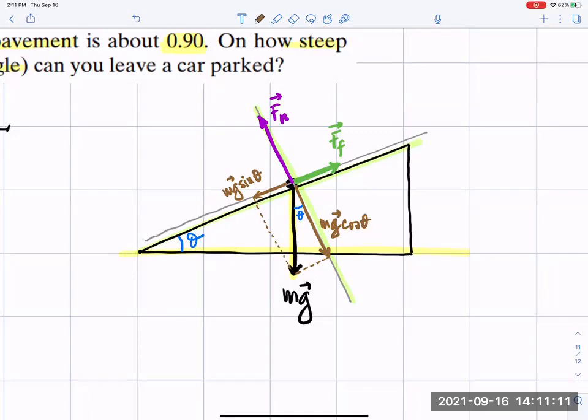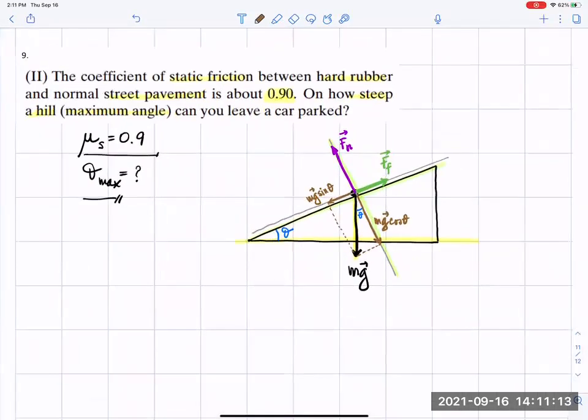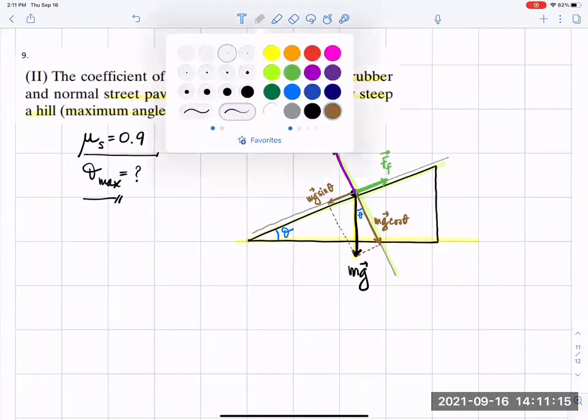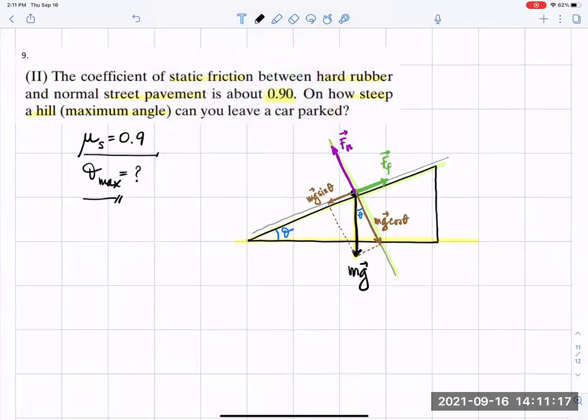Okay, so let's look at how we set up the equations. Now we have what we're looking for. As I mentioned, the friction force is opposite to the direction of movement, which would actually be downhill. So what is Newton's second law telling you? Remember what kind of equilibrium you have here. The car is supposed not to move.